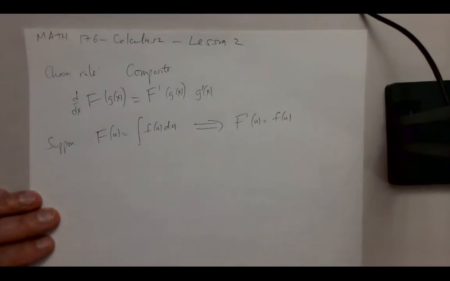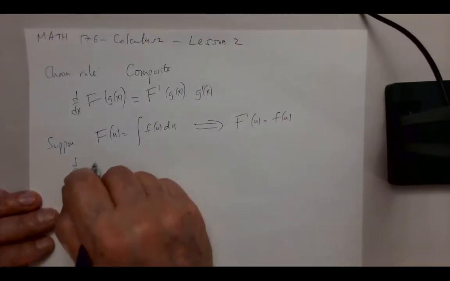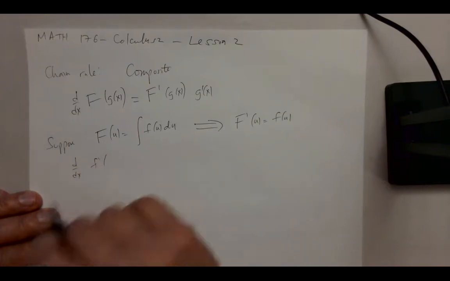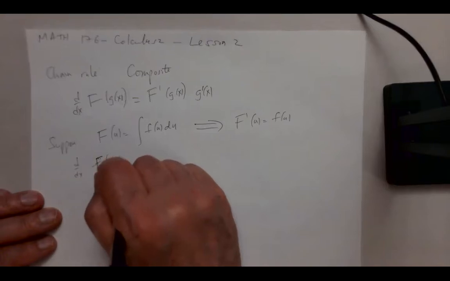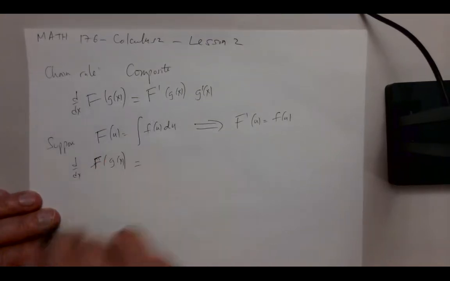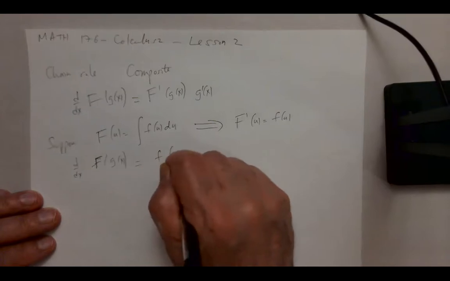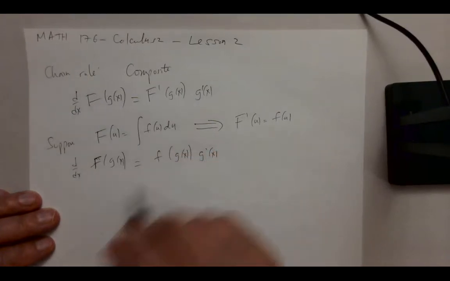Another way of saying that is that the derivative with respect to x of capital F of g of x is equal to capital F prime, which is little f of g of x, times g prime of x.